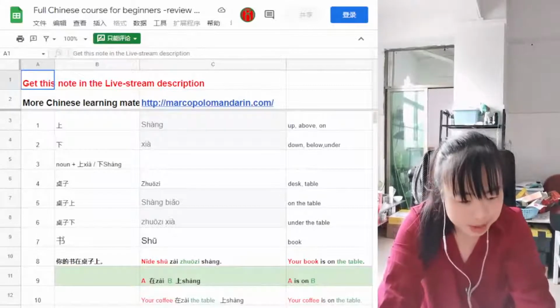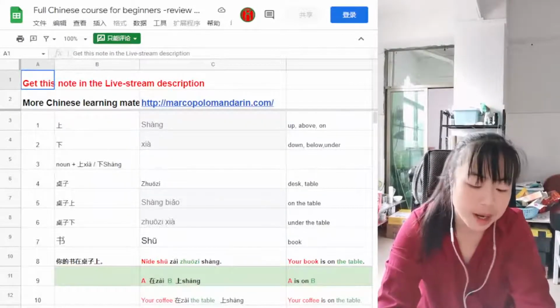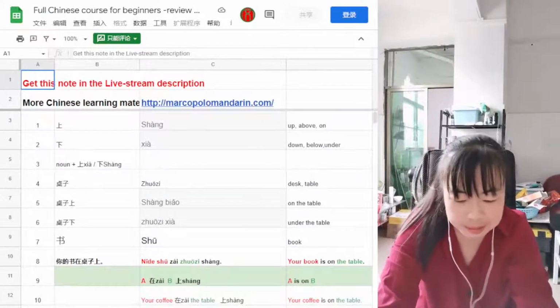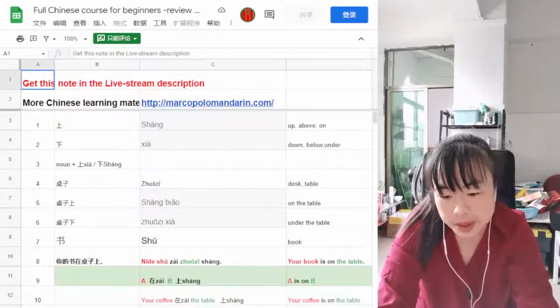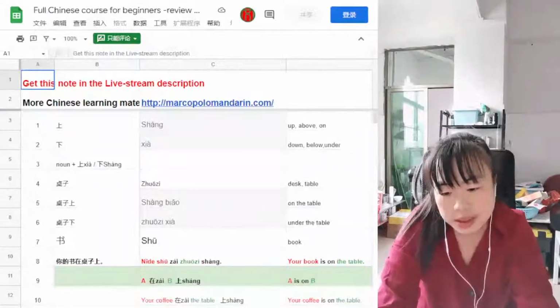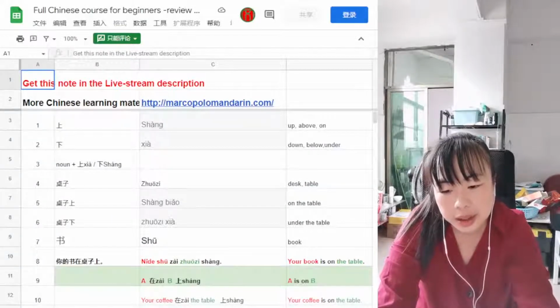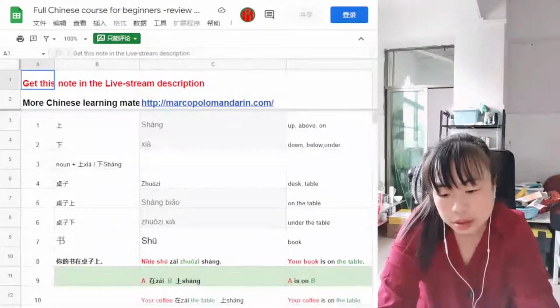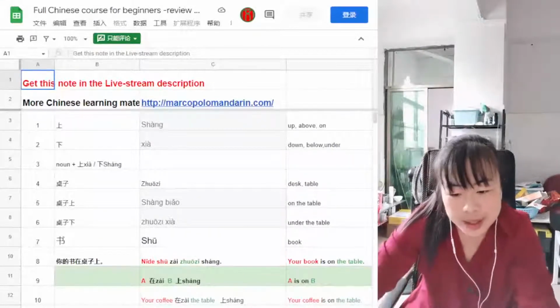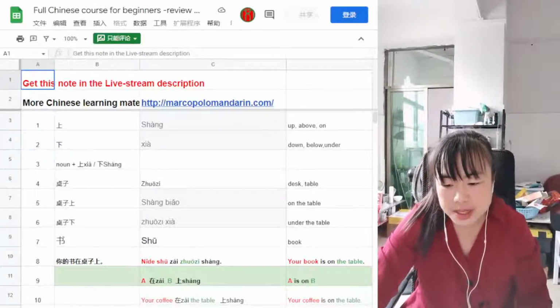Your computer, my computer. Say my computer will be better, right? My computer is outside the restaurant.